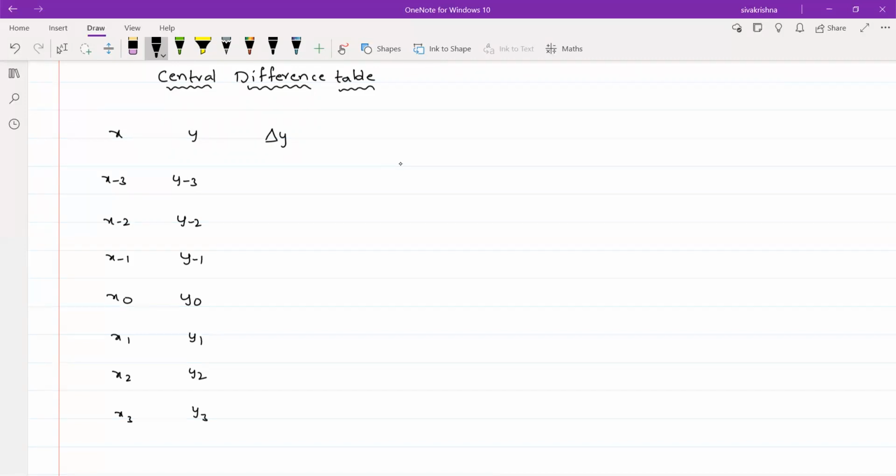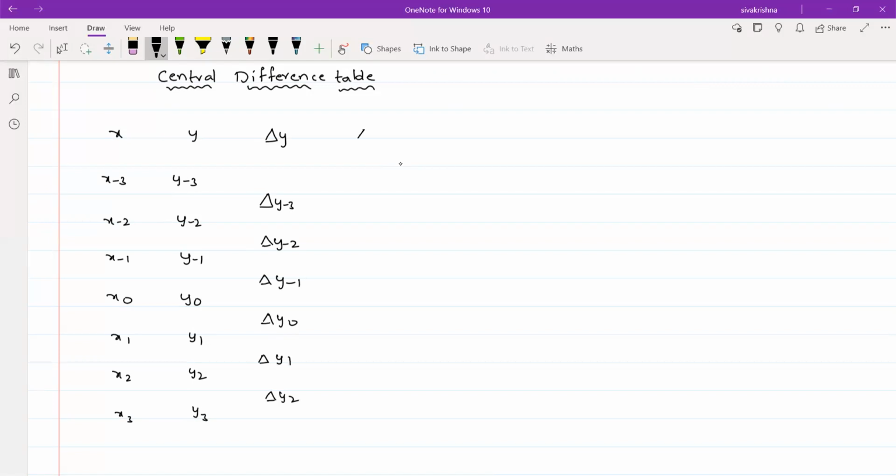But the names for the first differences are: delta y suffix minus 3, then delta y suffix minus 2, delta y suffix minus 1, delta y naught, delta y1, and delta y2.